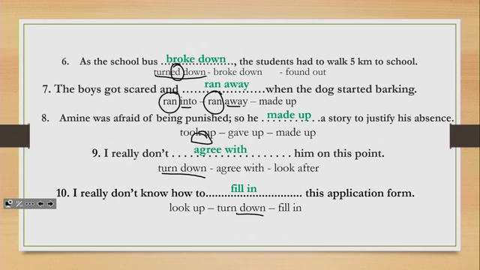And we have here made up, which means to create or to invent a story or something like that. Here, for example, we have gave up. To give up means to stop doing something, which means this verb is not convenient in number 8.